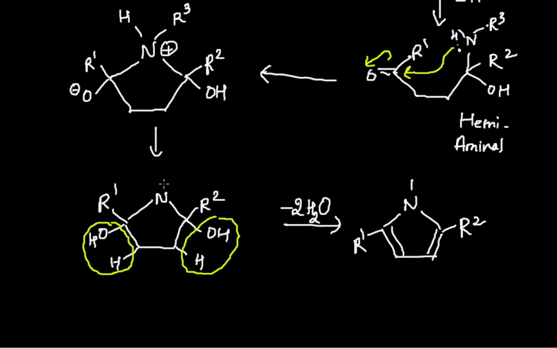Okay, and there is an R3 here. In this step, again there is a protonation and deprotonation step. So this will get eliminated, and here this oxide will take up a proton, or you can just show that this is taking up that proton.